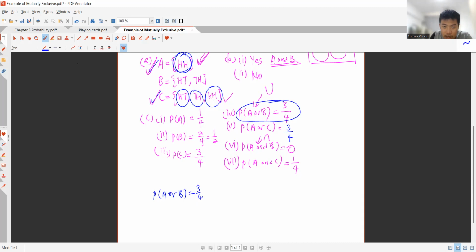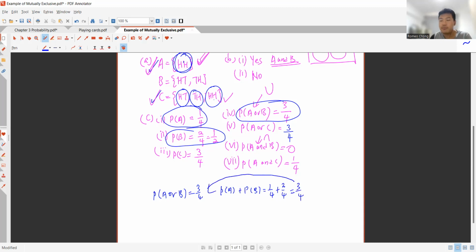And if you look at A and B individually, when you add PA plus PB together, which is 1 over 4 plus 2 over 4, you get 3 over 4, which is equal to this one.